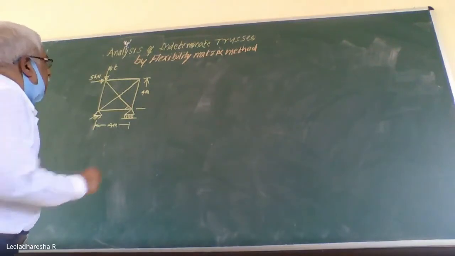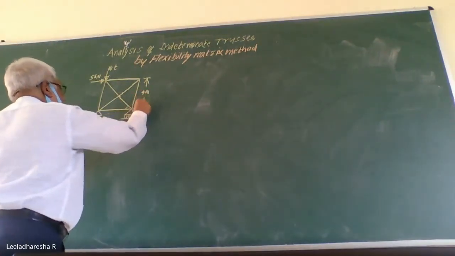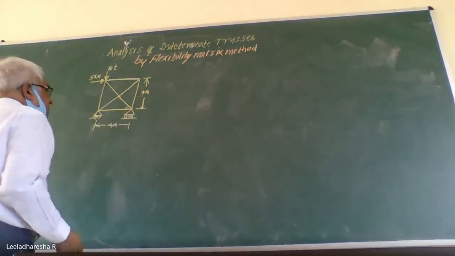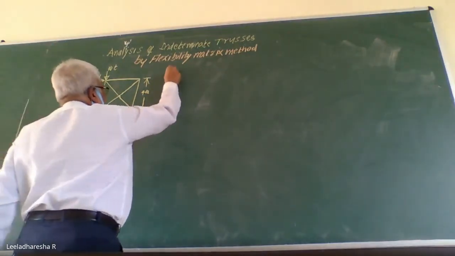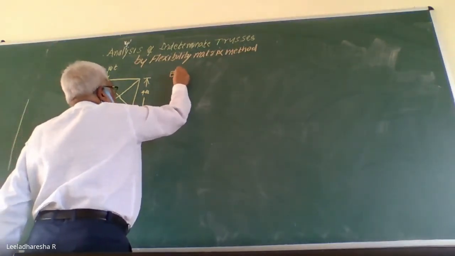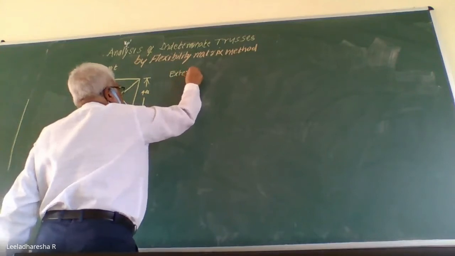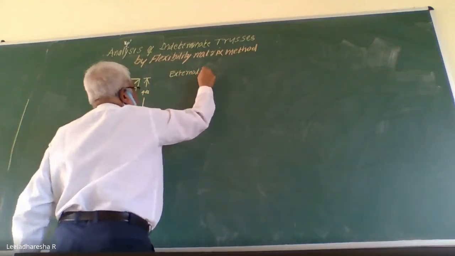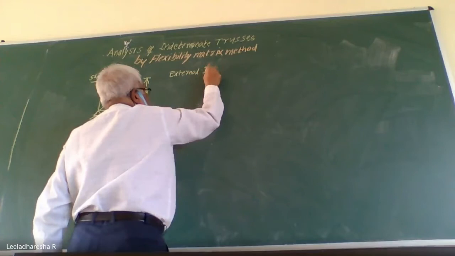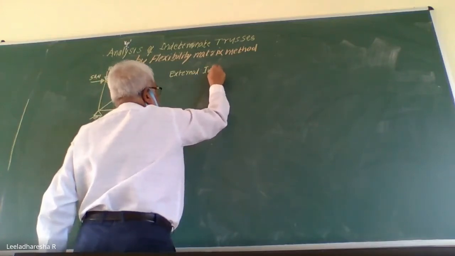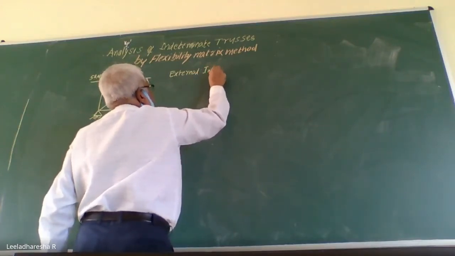Now let us go for the analysis. First, try to determine external indeterminacy. To determine it, consider the number of unknown reactions.